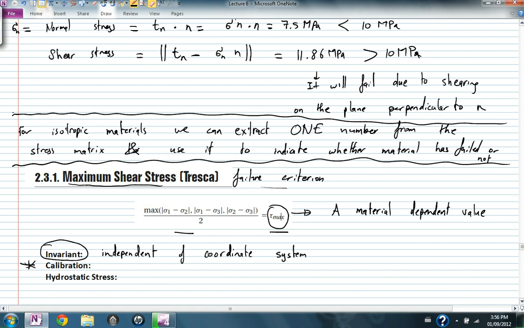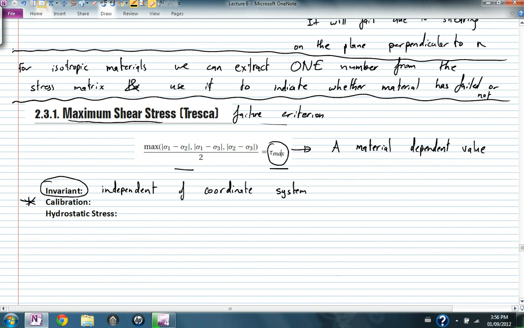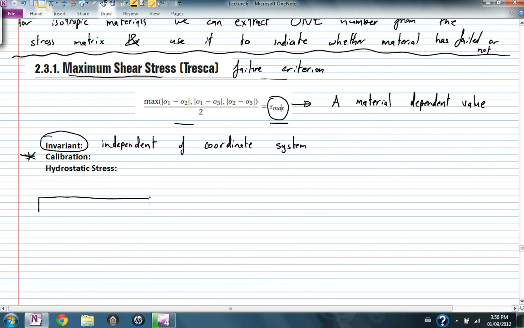Calibration. How do you calibrate? So let's say I give you a material and say this material is going to fail according to the Tresca failure criterion. Well, what you do is you take it to the lab and you pull it with sigma y until it fails at sigma y. So when material fails, you write that sigma in this case was equal to sigma y, 0, 0.